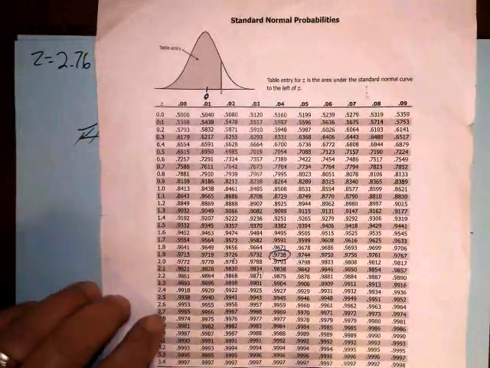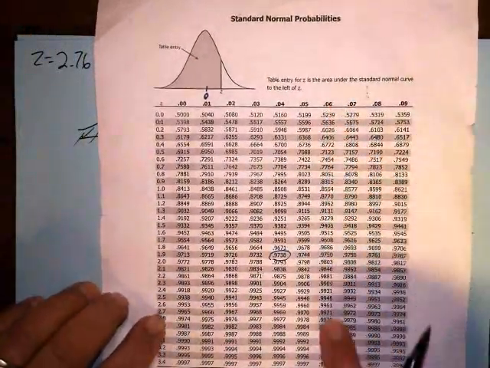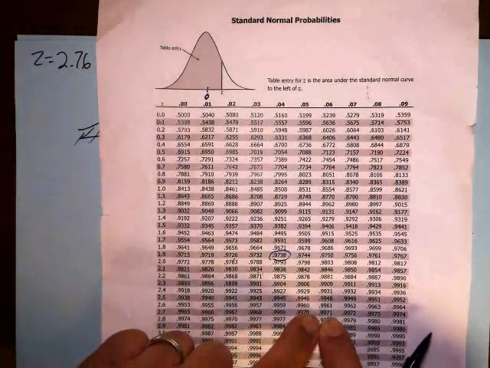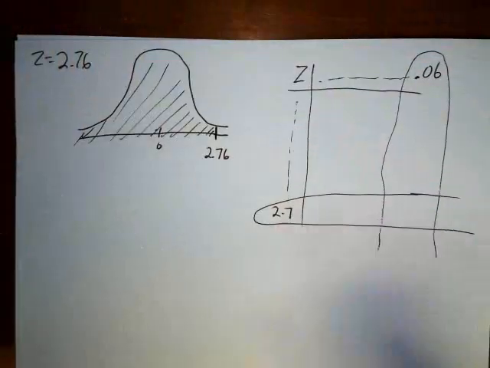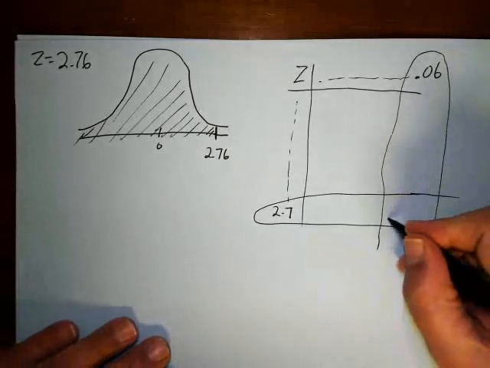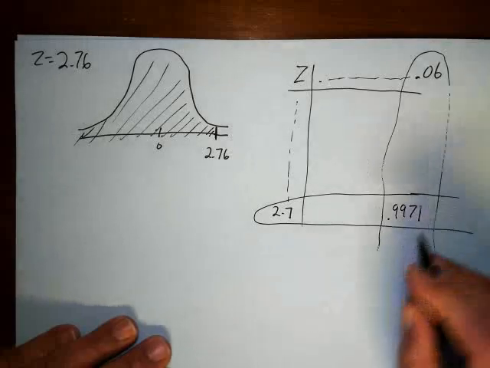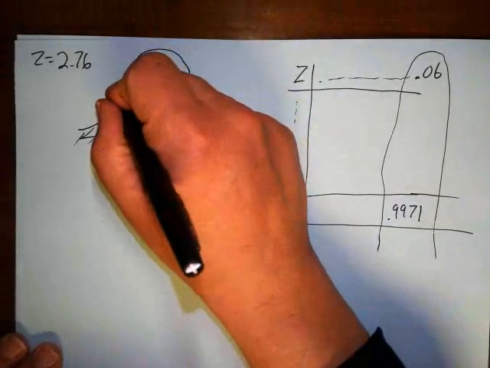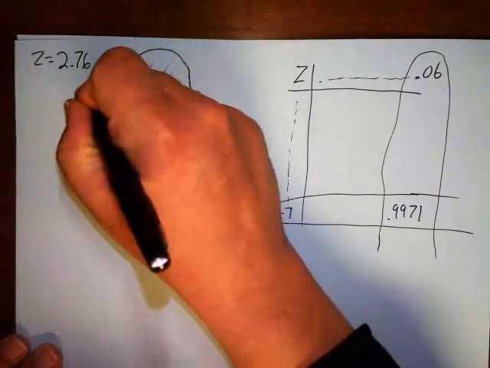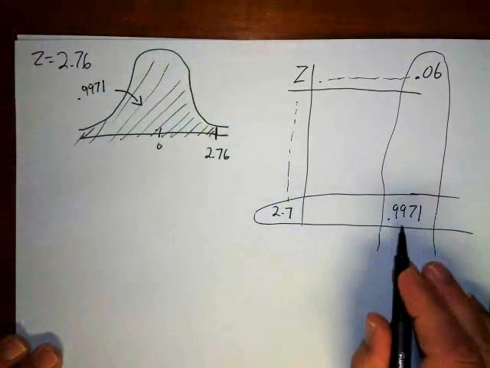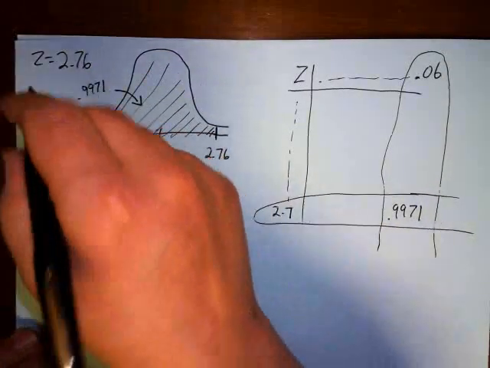So in this case, 2.7, 0.06. Where these two intersect, I get 0.9971. Okay, so that's this area here, 0.9971.